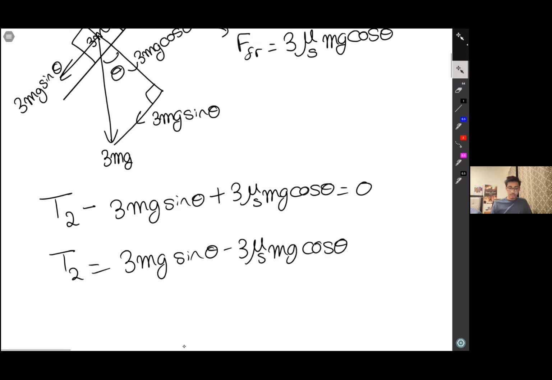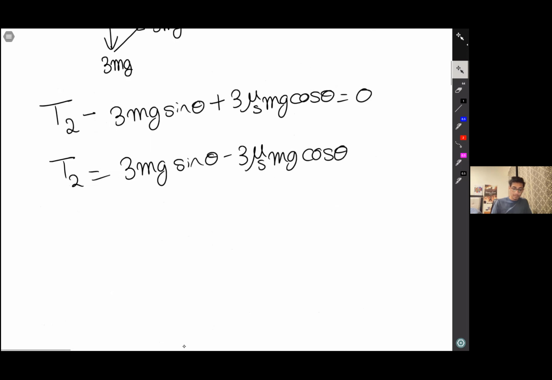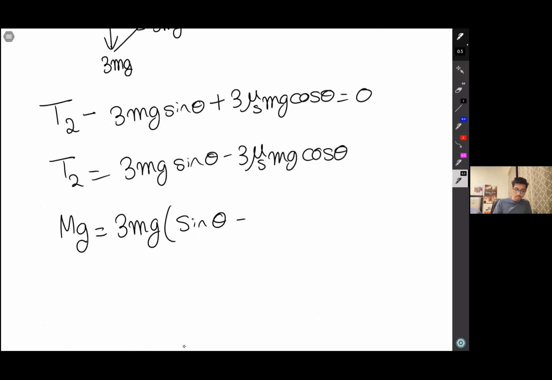Okay, let's just do some algebra here and substitute T2 for capital MG. Capital MG will be equal to, let's factor out a 3 mg, to get sine theta minus mu s cos theta.